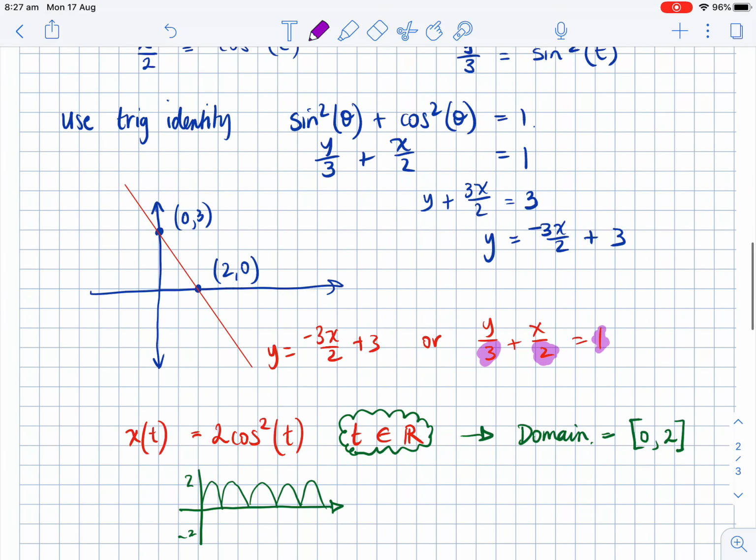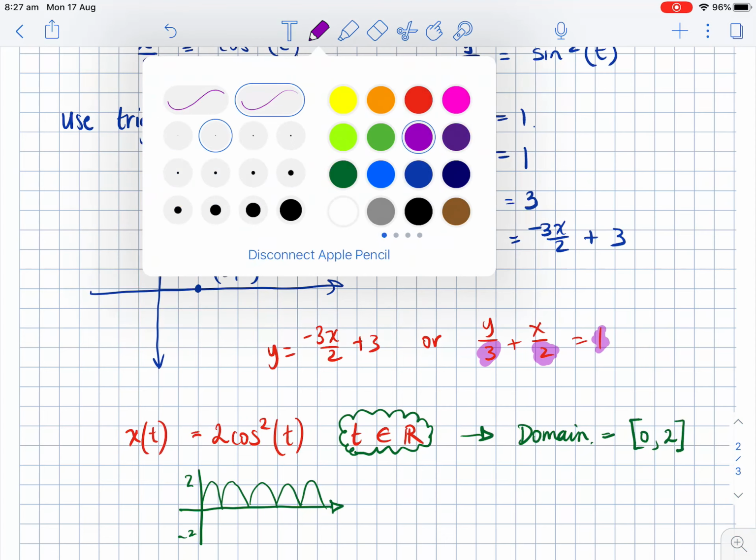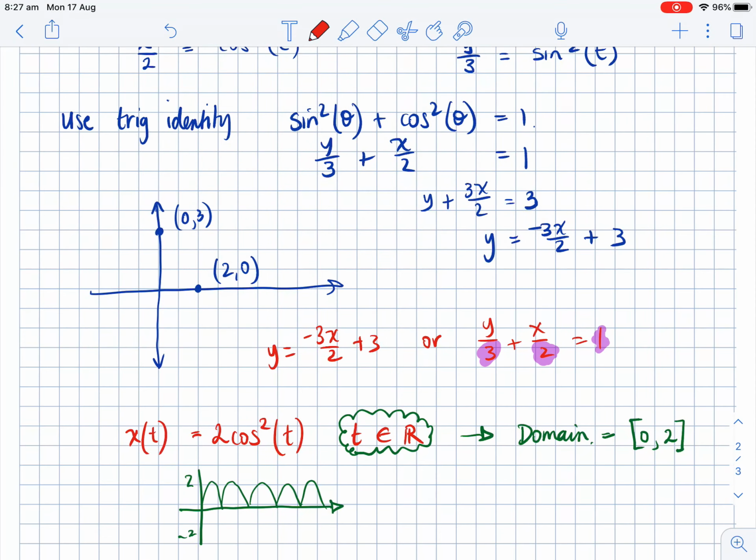So I drew this nice graph up here before, but I've actually got too much information. I don't want to have the entire graph. My graph has to have a domain from 0 to 2, and it has to have a range from 0 to 3. So that's my entire Cartesian relationship.